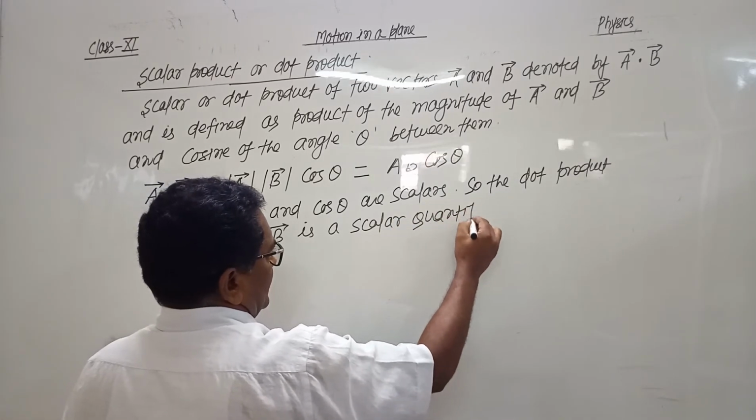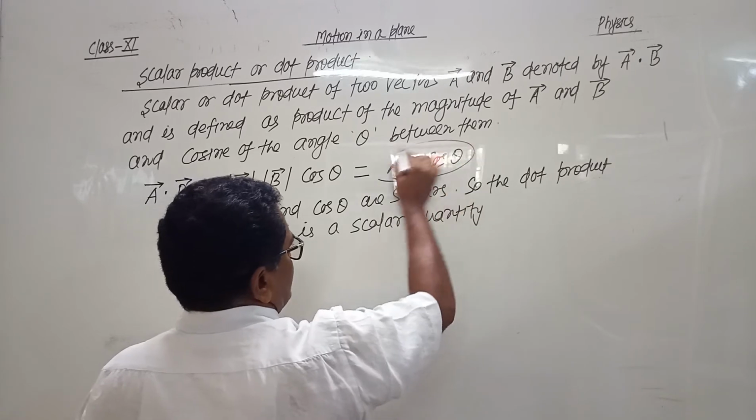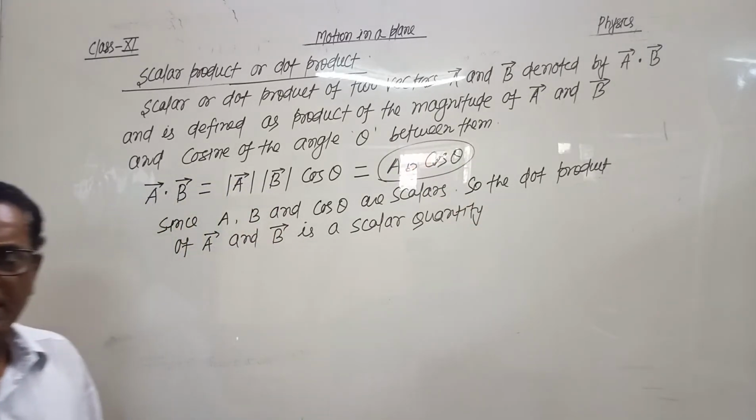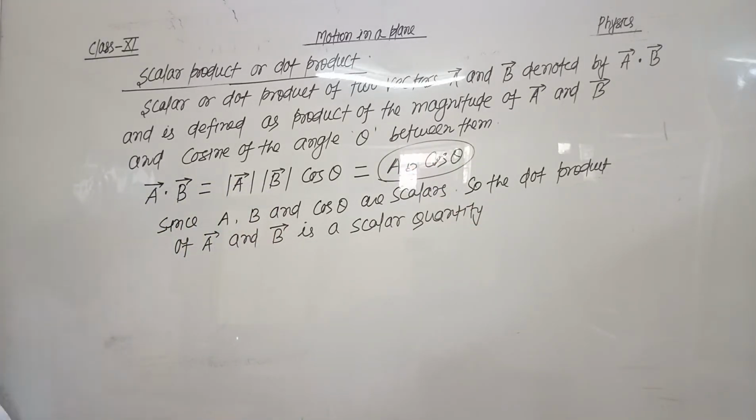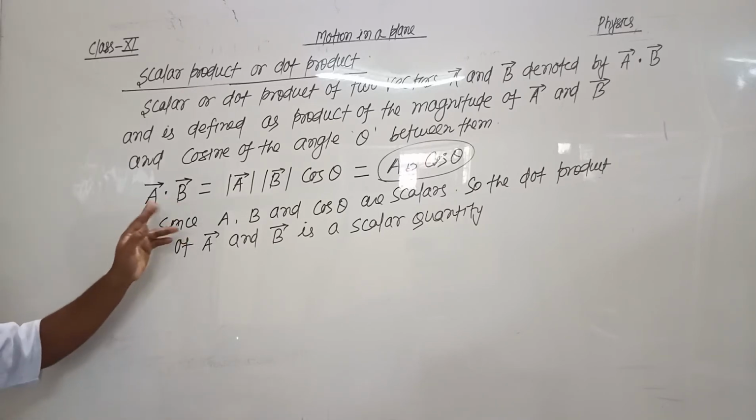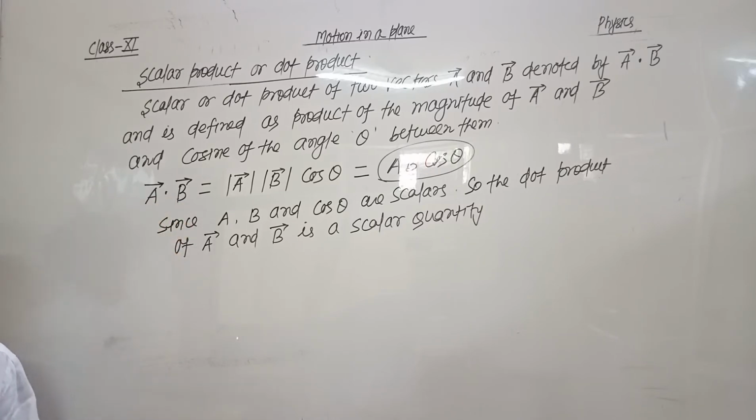In AB cos theta, A is a scalar, B is a scalar, cos theta is a scalar. So when two vectors are multiplied by a dot, the result is a scalar quantity.